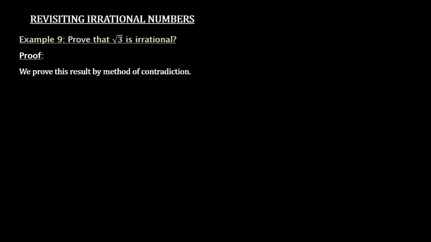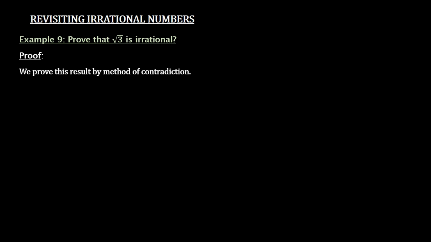A small piece of information: the method of contradiction is used when we have only two possible results in front of us, either this or that. For real numbers, there are only two categories, either rational or irrational.